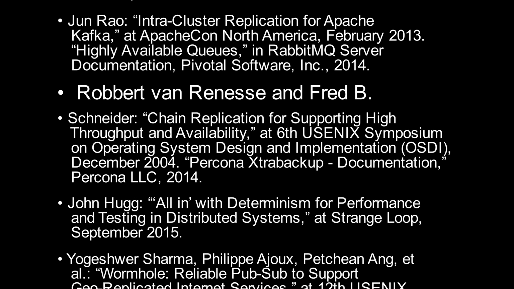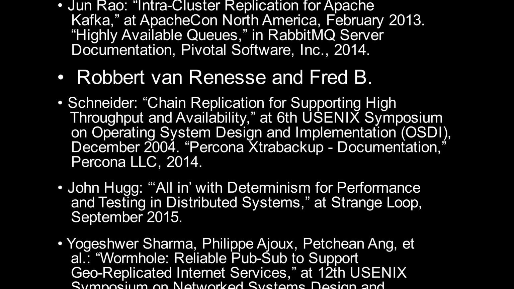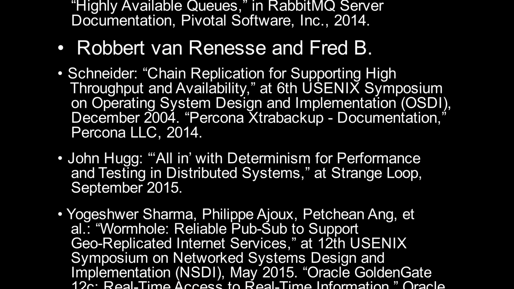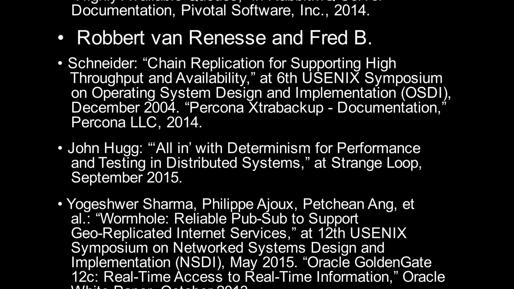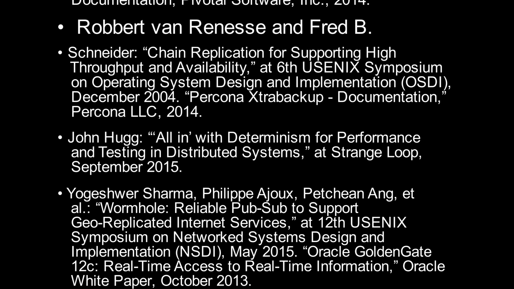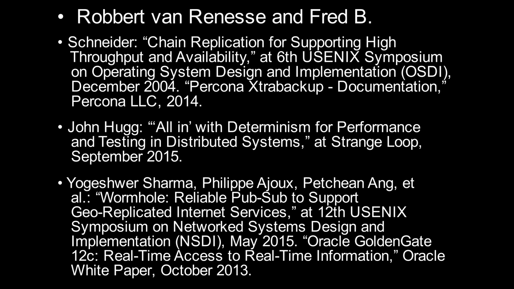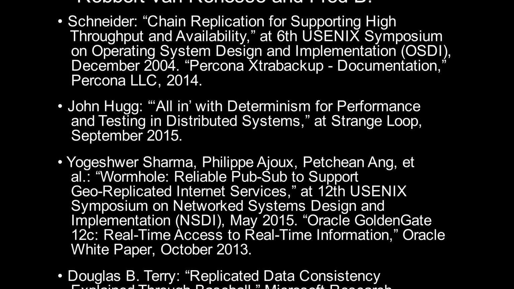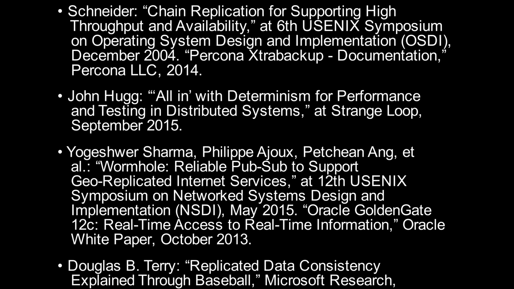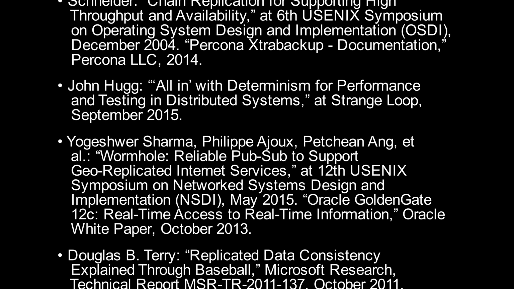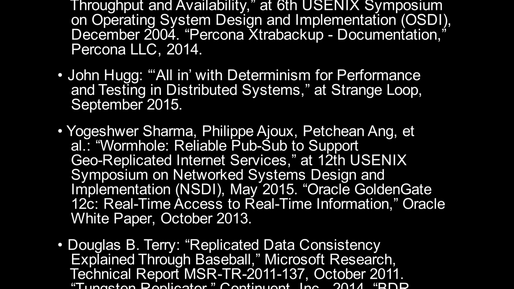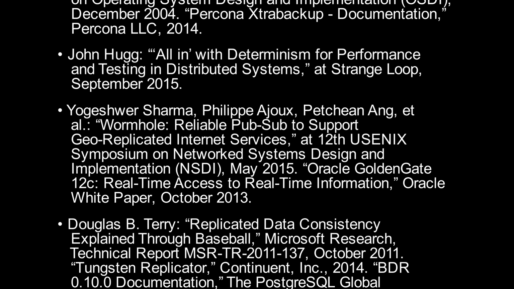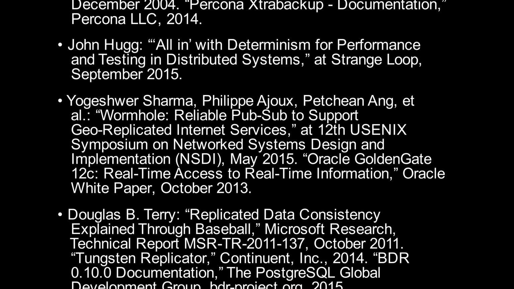All In with Determinism for Performance and Testing in Distributed Systems, at Strange Loop, September 2015. Yogeshwer Sharma, Philippe Ajoux, Petchean Ang, et al. Wormhole: Reliable Pub-Sub to Support Geo-Replicated Internet Services, at 12th USENIX Symposium on Networked Systems Design and Implementation (NSDI), May 2015. Oracle GoldenGate 12c: Real-Time Access to Real-Time Information. Oracle White Paper, October 2013. Douglas B. Terry.